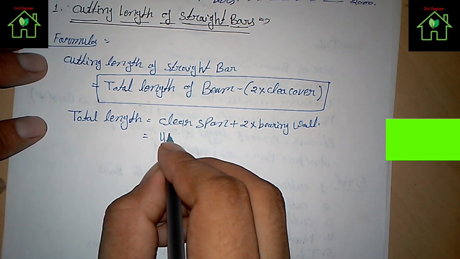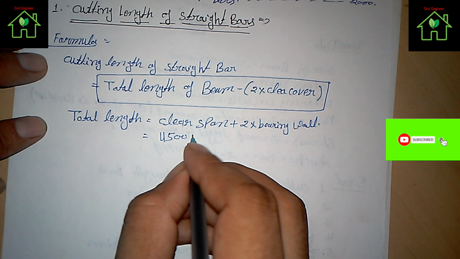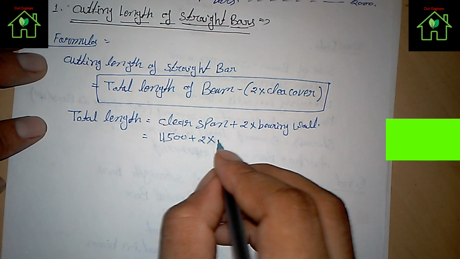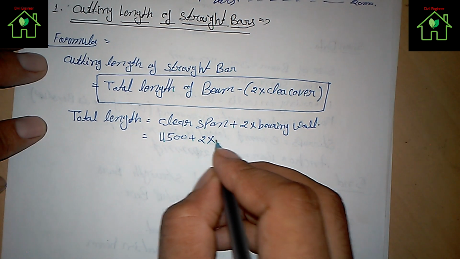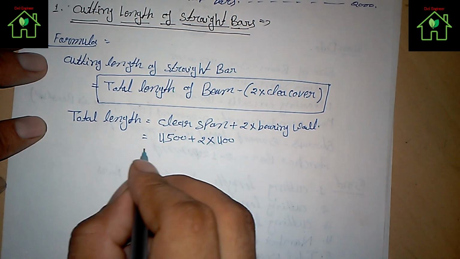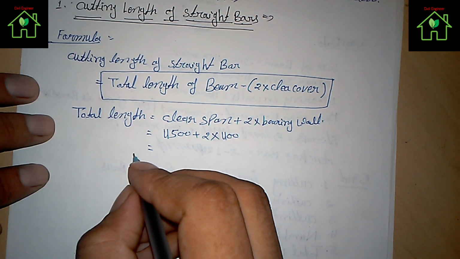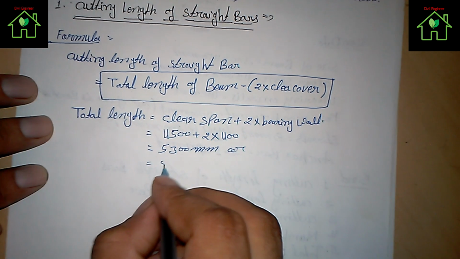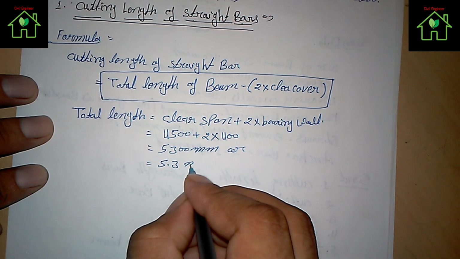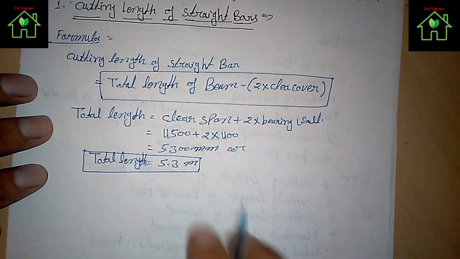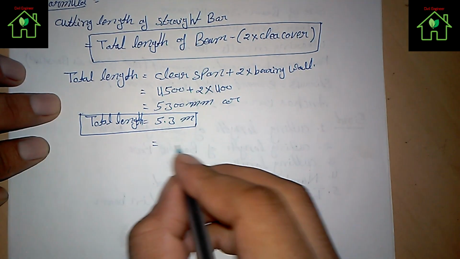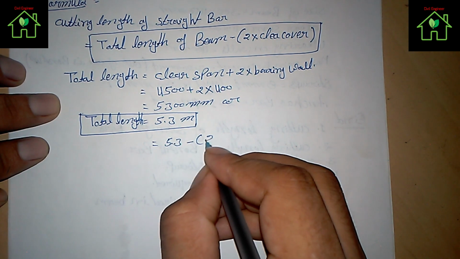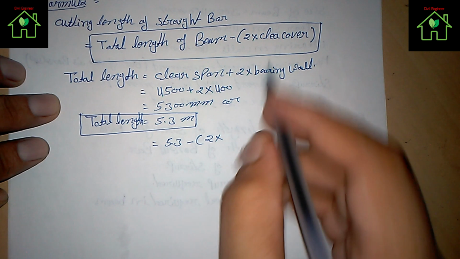Clear span is 4500 plus 2 into bearing wall. What is the bearing wall? 400. After calculation, we will get the value 5300, 5.3 meter. The length of beam is 5.3 minus 2 into clear cover.